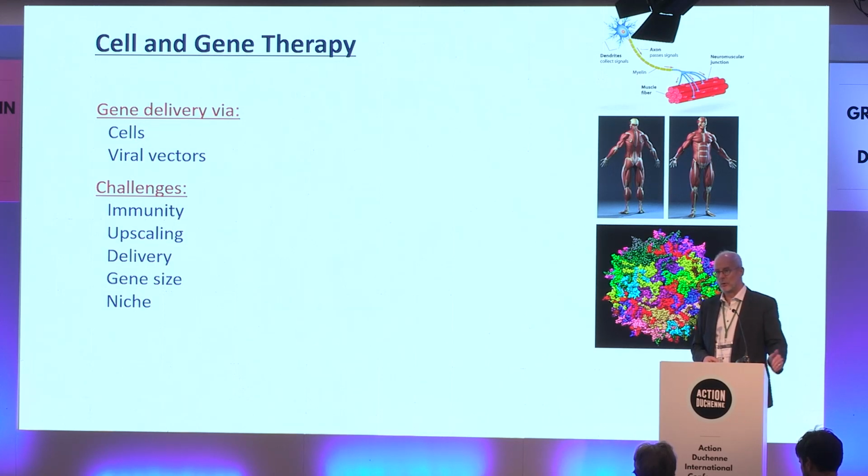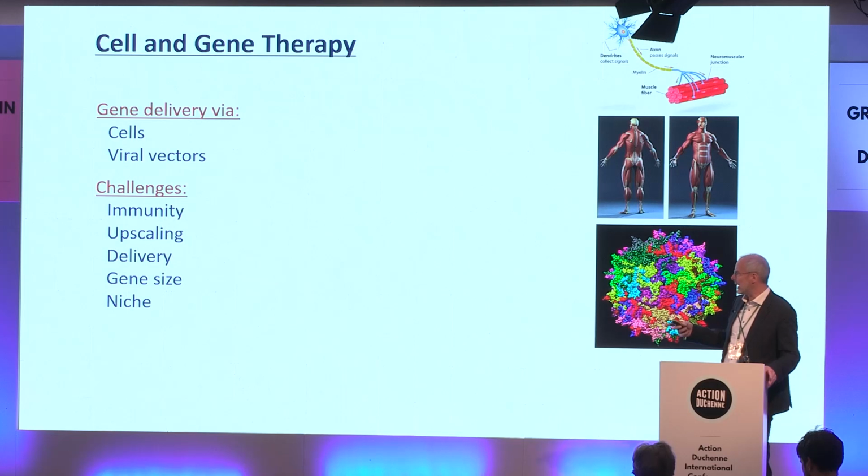And so with muscle, we nevertheless face the same challenge: muscle is the biggest organ that we have. 40% of our body mass is made out of skeletal muscle. So to target skeletal muscle by cell therapy is definitely a big challenge. The challenges for both of these approaches are really around immunity.